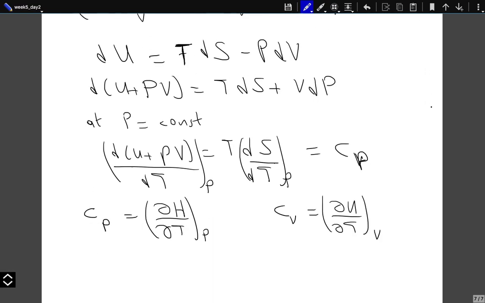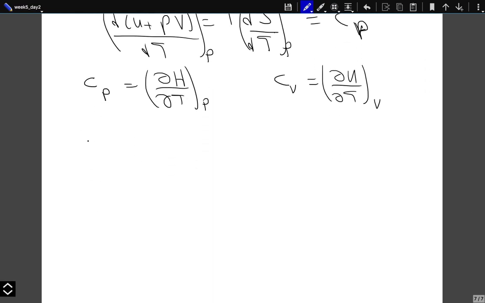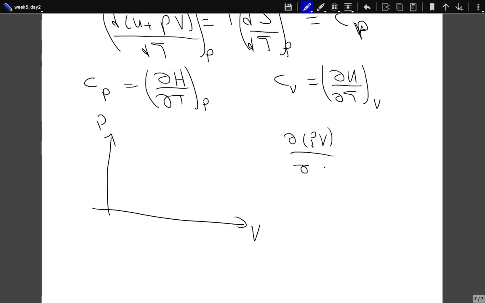But you see, let's see. Let's assume that you want to calculate del PV by del T at constant volume. What do you do? You just take two points that have the same volume and look at the change in PV during that process.